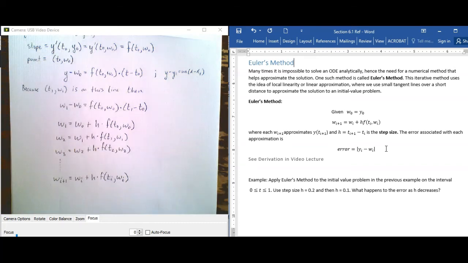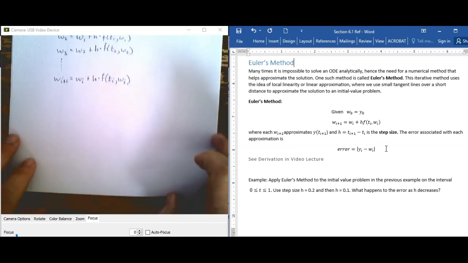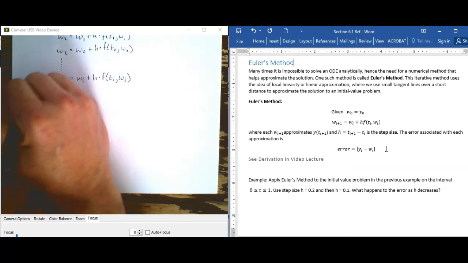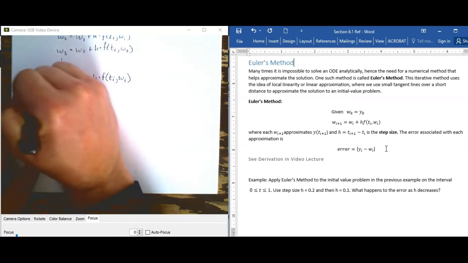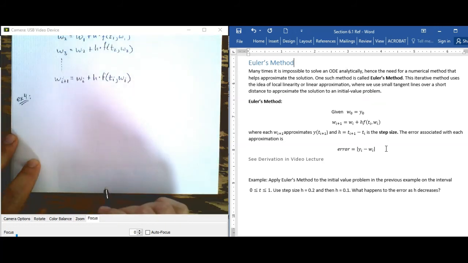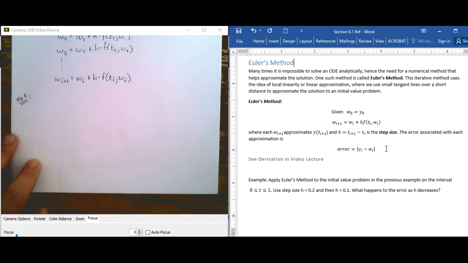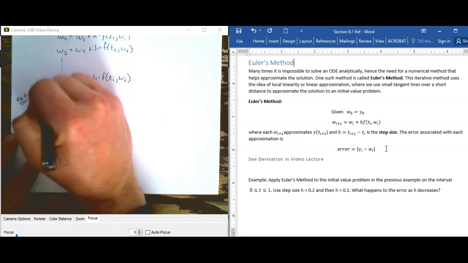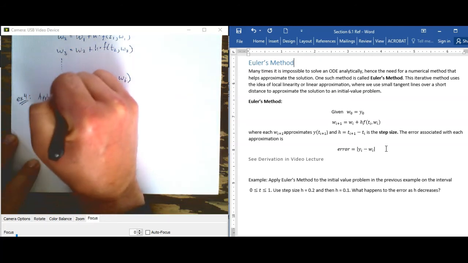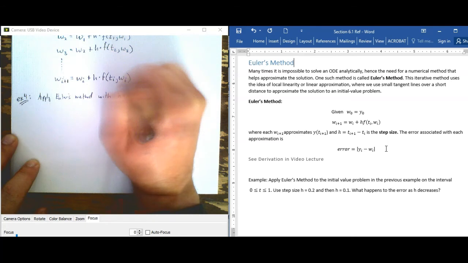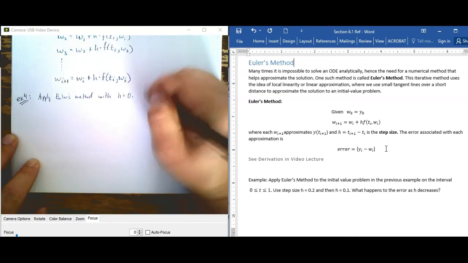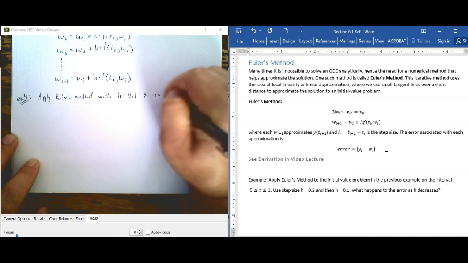All right, so let's try an example. We're going to apply Euler's method to the initial value problem from the previous example, by Euler's method with H equal to 0.1 and H equals 0.2.